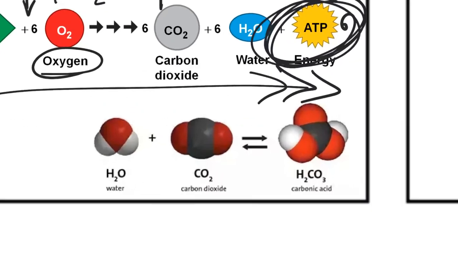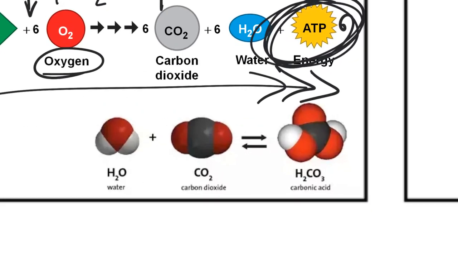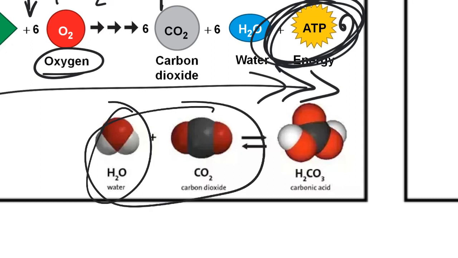Now, as a side effect of all of this, our carbon dioxide concentrations are starting to go up. We've got water all throughout all of our blood, and that means that the carbon dioxide and the water are eligible to perform a nice little chemical reaction that produces carbonic acid. So keep that in mind.